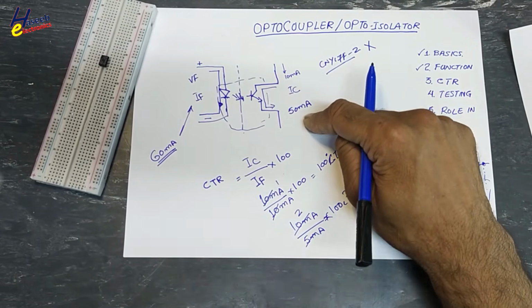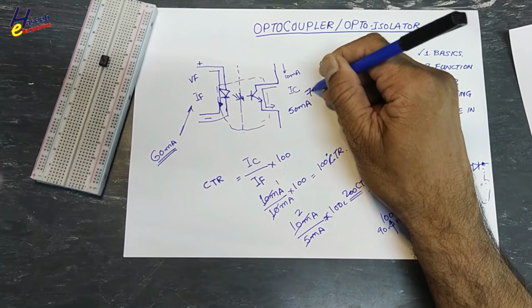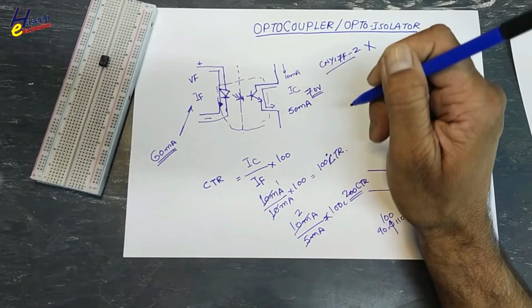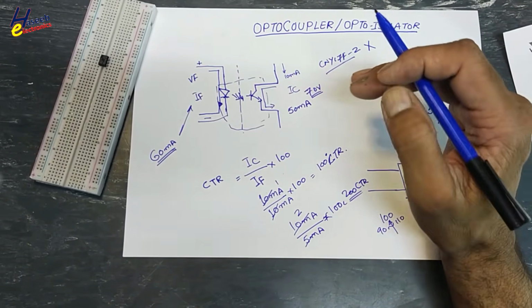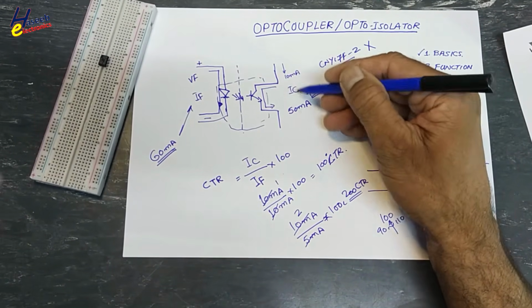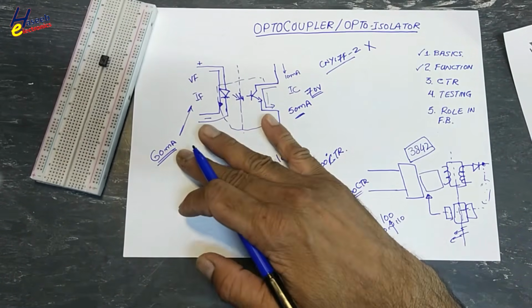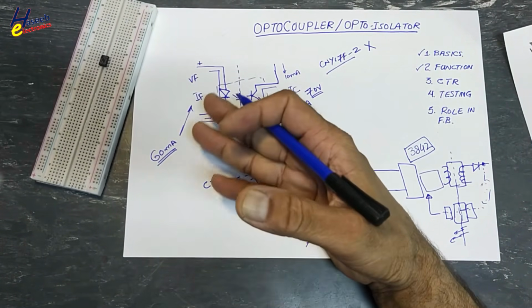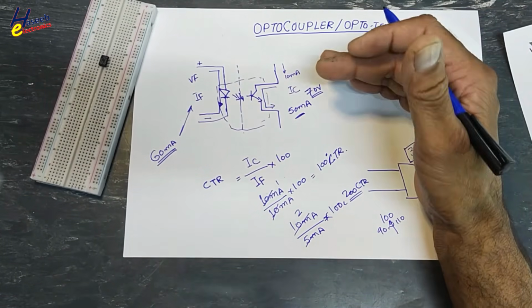Transistor side 50 milliampere at 70 volt VCE. So we can say, to work within safe range, this side 40 milliampere and this side 50 milliampere maximum. Normally it is designed at 5 to 10 milliamperes or less than that.